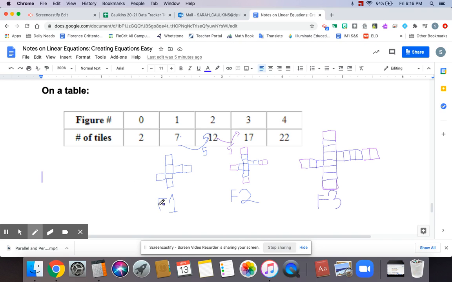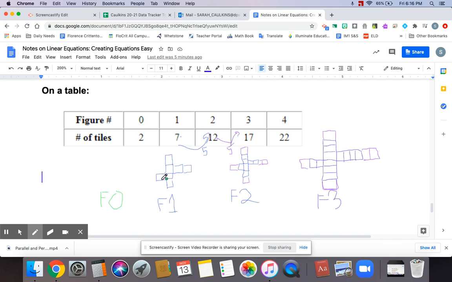If this is the first one, in order to figure out figure number 0, it's this pretend idea where I go before the first figure and get rid of the same ones I was adding on each time. I get rid of this side one, this bottom one, this top one, and the 2 on the right.